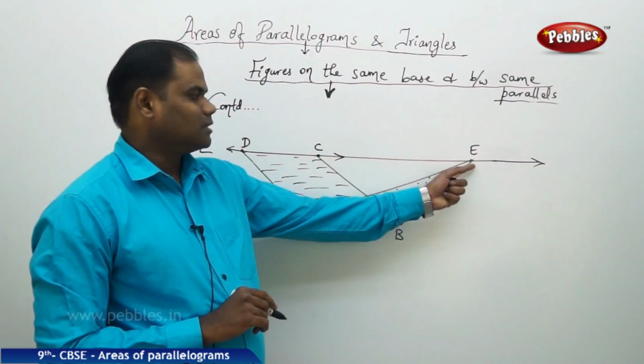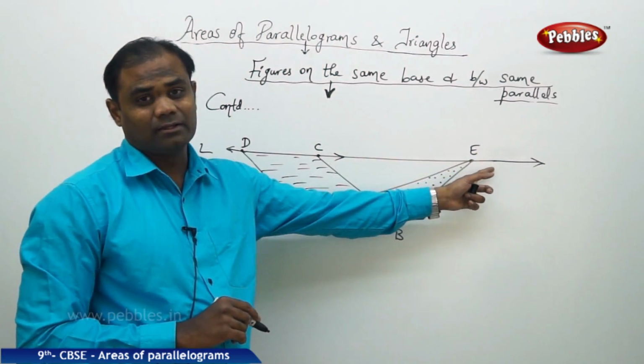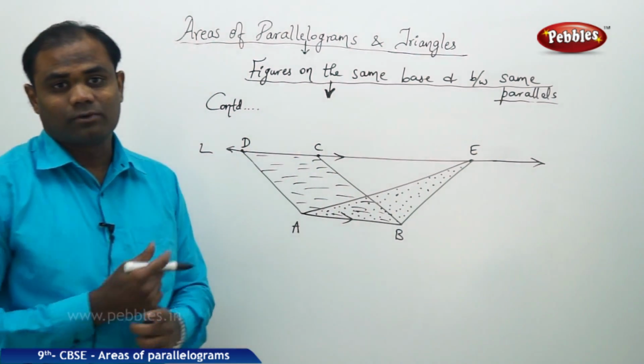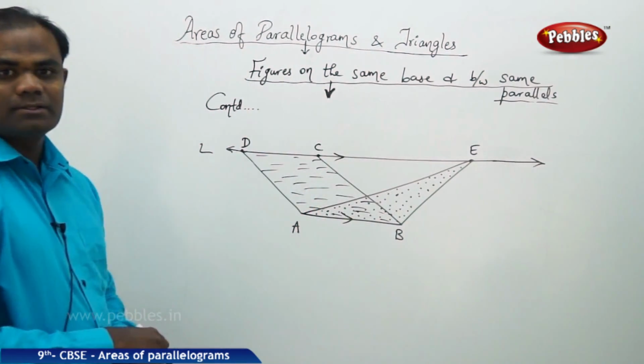So ABC is the triangle and ABE is the triangle and ABCD is a parallelogram, which are on the same base AB and between the same parallels.